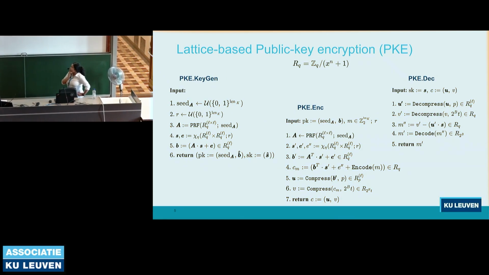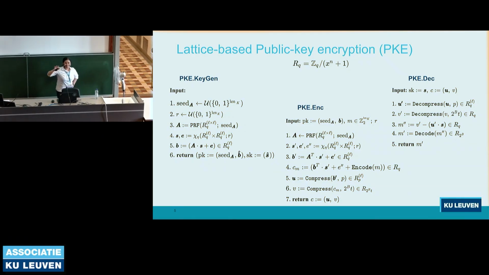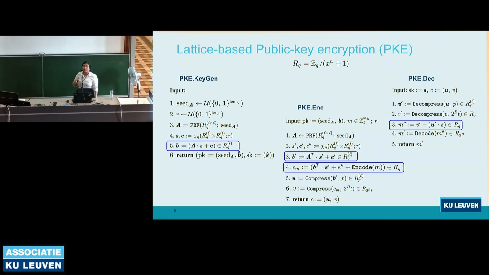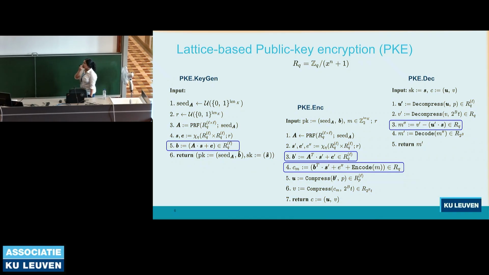That looks like this, those algorithms. And we also do not need the whole algorithm, so don't be frightened by the length of the algorithm. I need only a part of it. Here, in these algorithms, we have several polynomial multiplications.